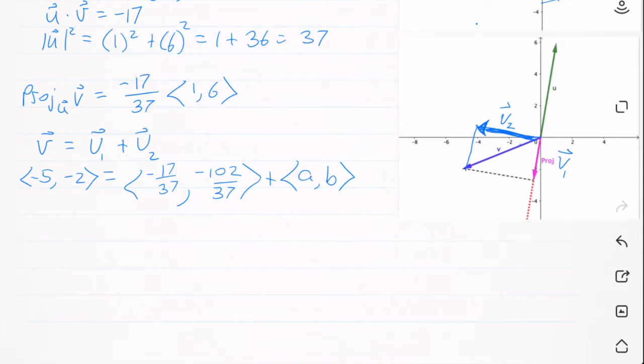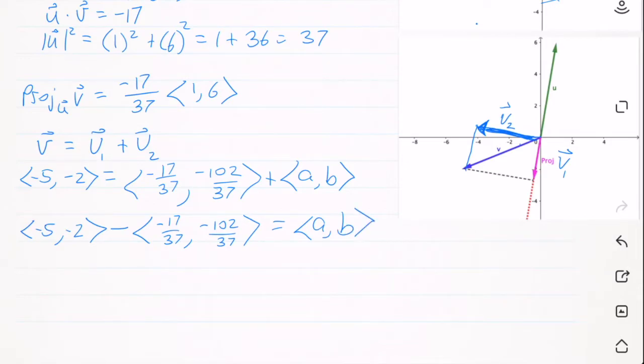Alright, so to solve this, I'm just going to get a comma b by itself, and I'm going to move this other thing to the other side. So I get negative 5, negative 2, minus the vector negative 17/37, comma negative 102/37, and this is going to equal a comma b.